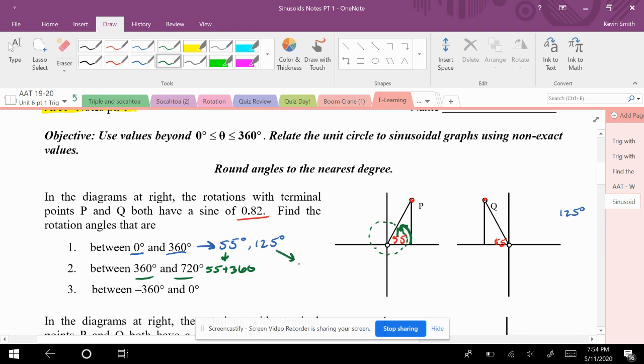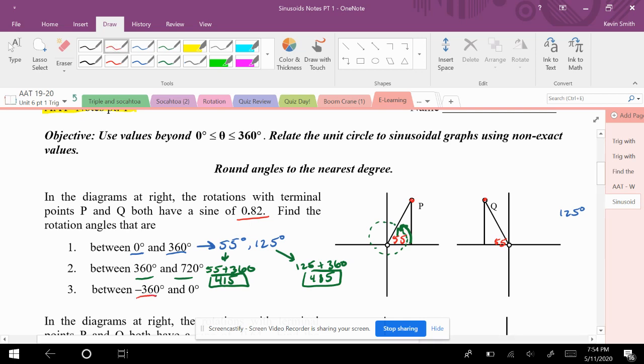And then we're taking this number, 125, and adding 360 to it. So 55 plus 360 will give us 415, and 125 plus 360 will give us 485. And those will be our two angles that'll fall between 360 and 720.